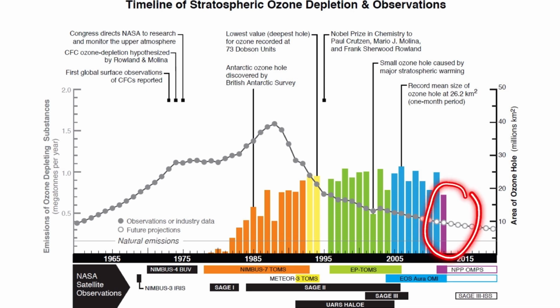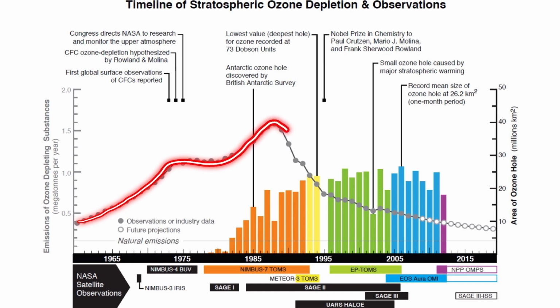So the latest is this purple shade, representing the NPP OMPS instrument. Whereas on this side of the axis there is the quantity or emission of ozone depleting substances in the atmosphere, and these are in megatons per year. So here we are seeing that the slope of the emission of these ozone depleting substances has increased.